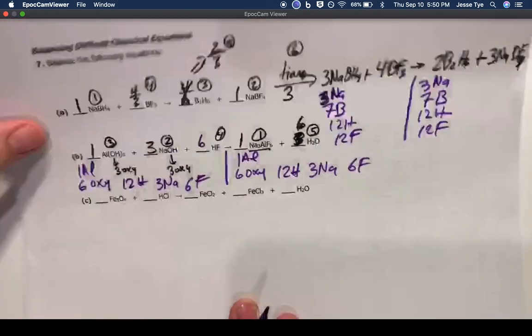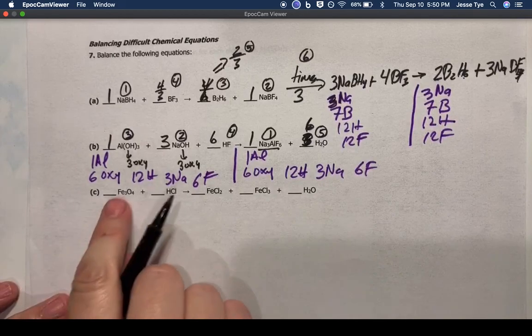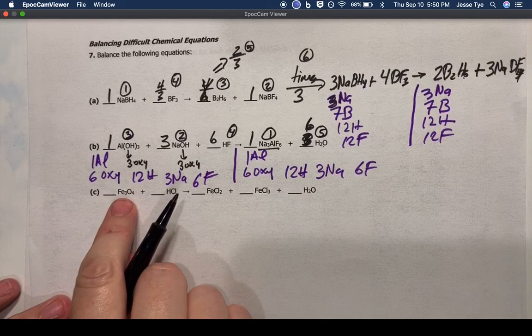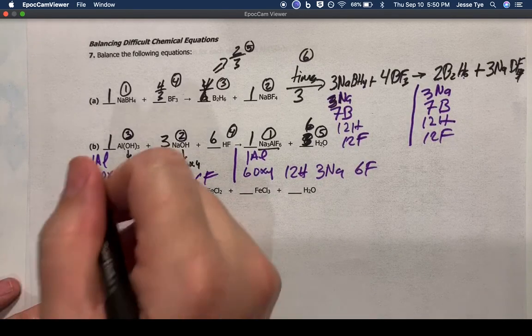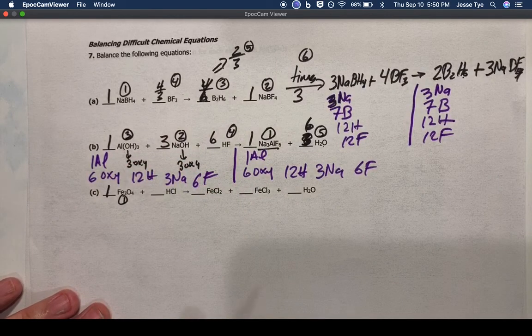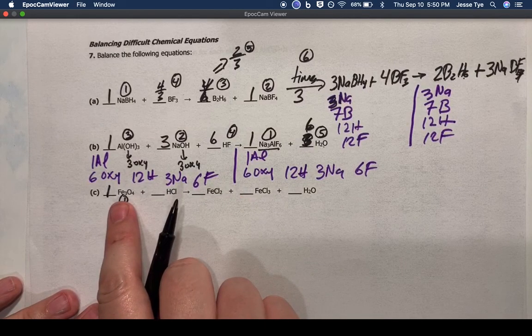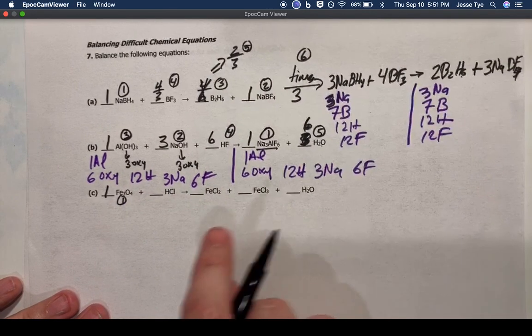All right, last one. And this last one is a bear. Okay, so we have to figure out what's the most complicated species, and I think this would be it. 7 total atoms, 2 types of atoms, 7 total. So I'm going to put a 1 there, and I did that as step 1. Iron I'm going to leave for later because there's iron in 3 places, here, here, and here.